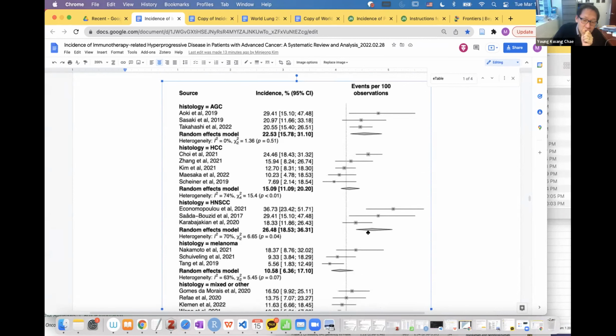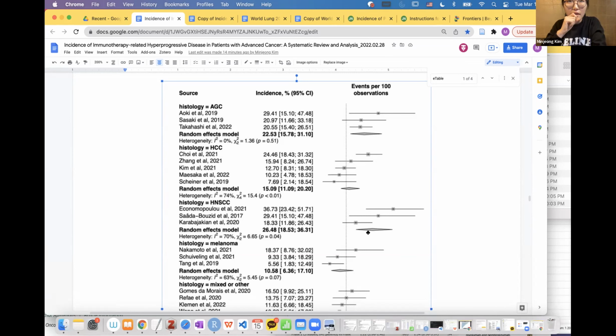So why do you think that is? In the manuscript, we're going to have to discuss why these 2 subtypes are so different from the others. Right. In terms of the advanced gastric carcinoma group, all 3 groups here are from Japan.